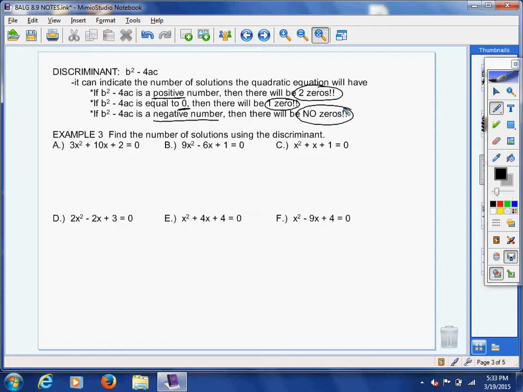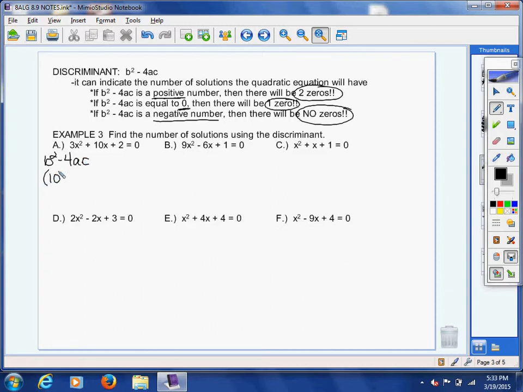So let me show you example 3, how this works. They want us to find the number of solutions just using the discriminant. They're not asking us what the solutions are. They're asking us how many solutions you are anticipating. So we're going to take b squared minus 4ac and plug into that. In letter A, b is 10.